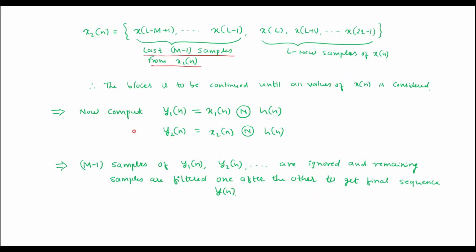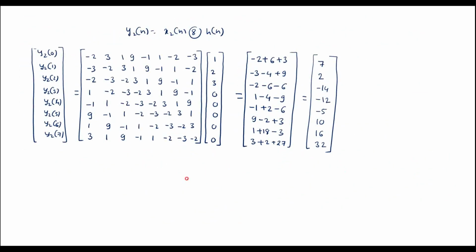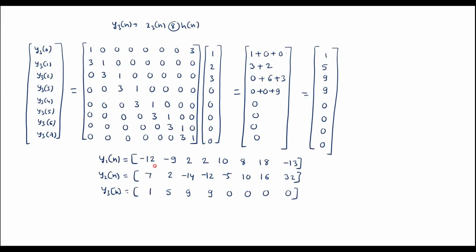So now according to the procedure, m minus 1 samples of y1 of n, y2 of n and so on are ignored or discarded, and remaining samples are filtered one after the other to get the final sequence. So here m minus 1 samples of each output sequence, that is here m value is 3, first two values, we are supposed to ignore these two values, these two values, and these two values.